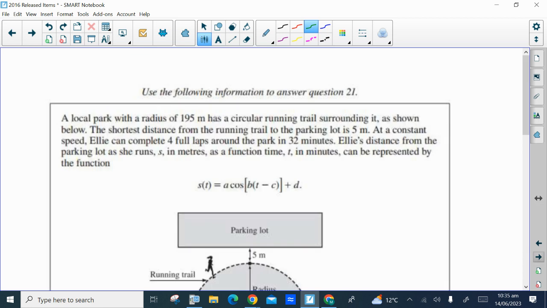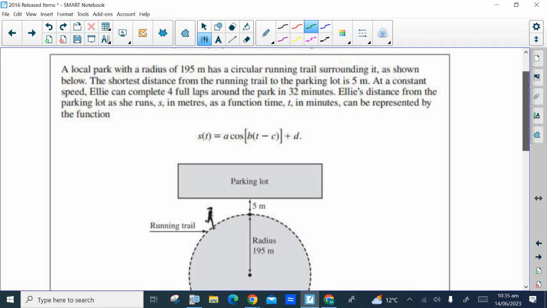Local park with a radius of 195 meters has a circular running trail surrounding it as shown below. The shortest distance from the running trail to the parking lot is 5 meters. At a constant speed, Ellie can complete 4 full laps of the park in 32 minutes.